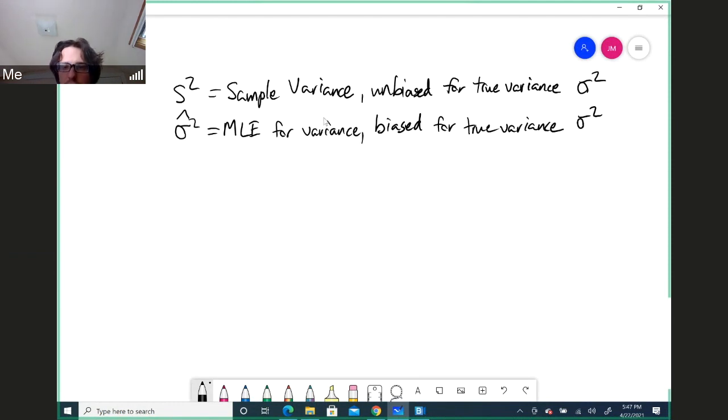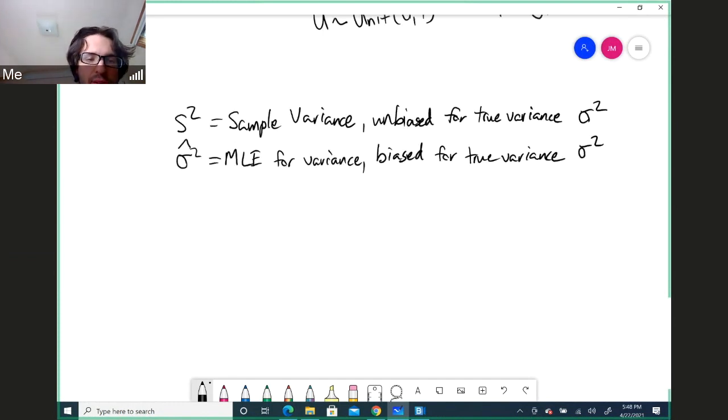So what this means is that if you were to take a bunch of samples an infinite number of times, and you calculate a sample variance a bajillion times, and then finally you take the expected value of that, which is just the average, then E of s squared should give you the true variance.